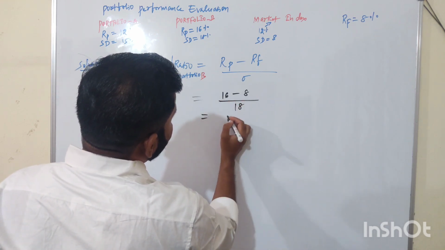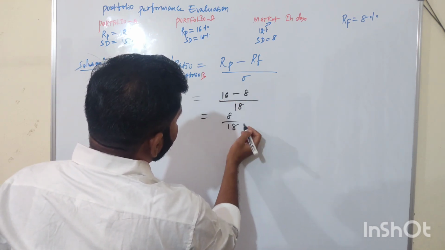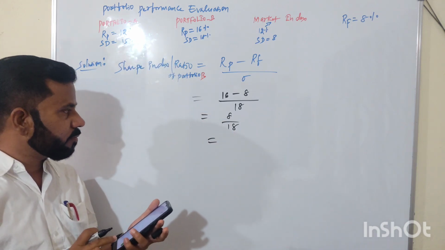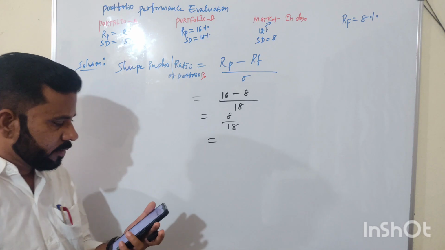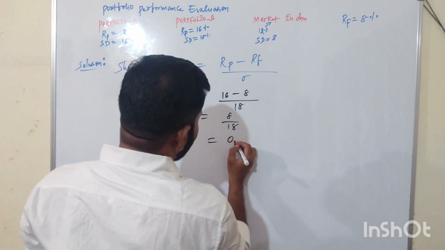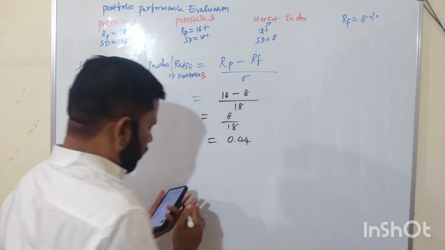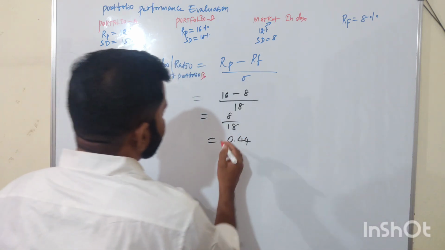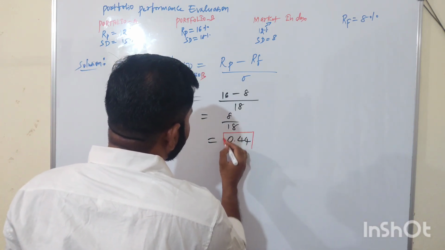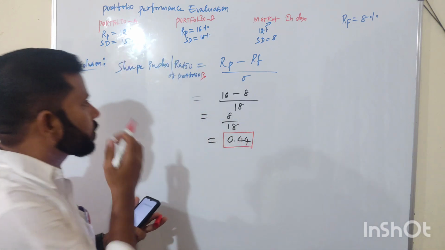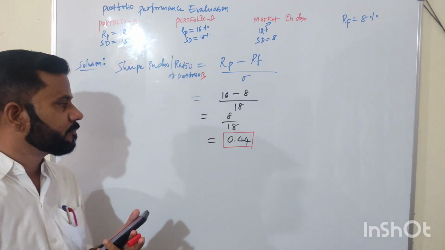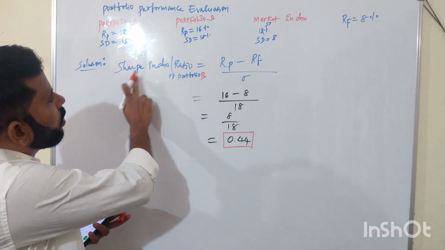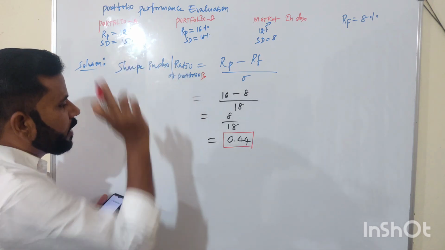So 16 minus 8 divided by 18. Then what is the answer? Let me calculate. 8 divided by 18. Our answer is 0.44, which is the Sharpe ratio of portfolio B.